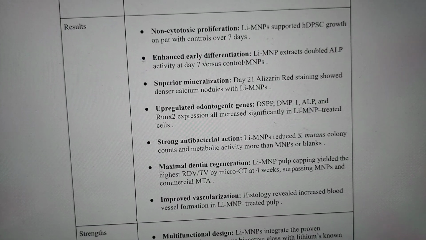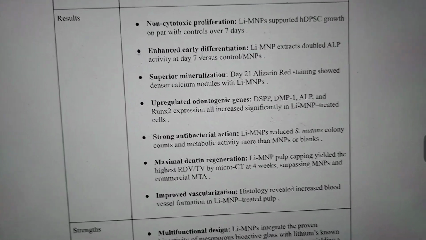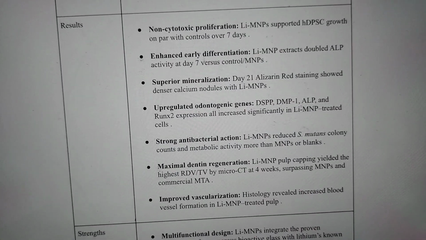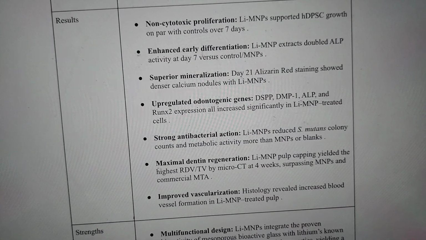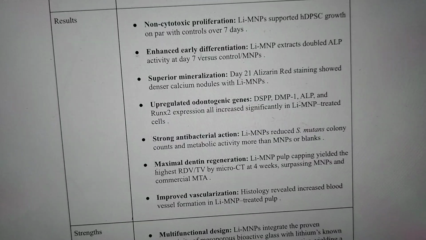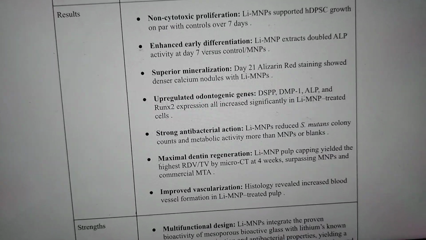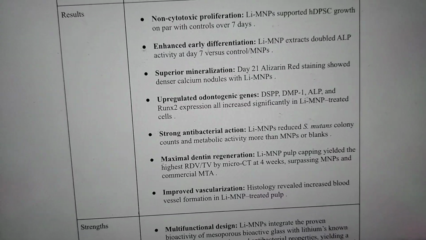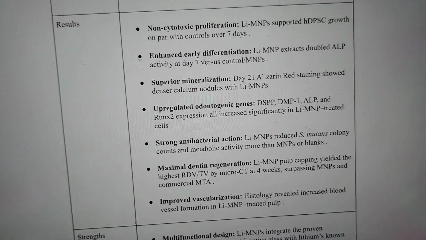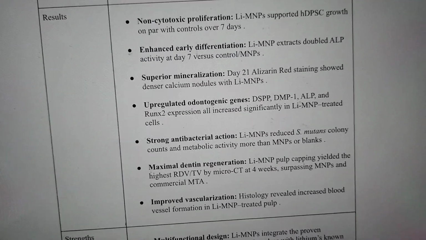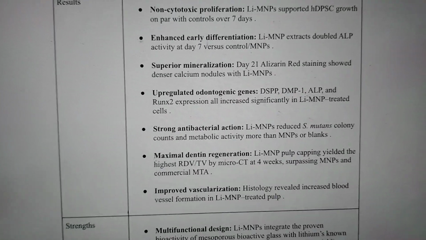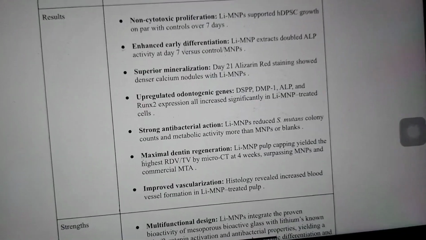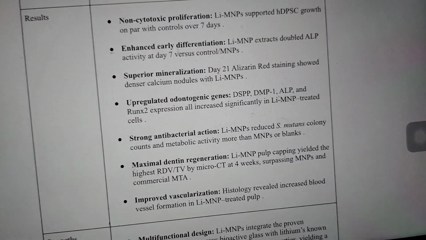Superior mineralization was shown at day 21 via alizarin red staining that showed denser calcium nodules with LI-NMPs, and upregulated odontogenic genes such as DSPP, DMP1, ALP, and RUNX2 all increased significantly. Strong antibacterial action: LI-NMPs reduced S. mutans colony counts and metabolic activity more than NMPs or blanks.